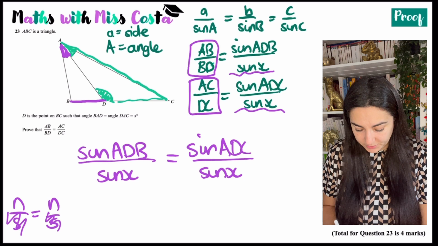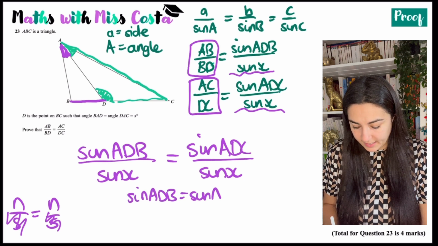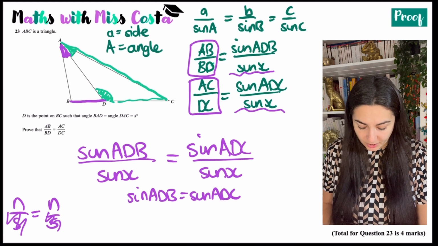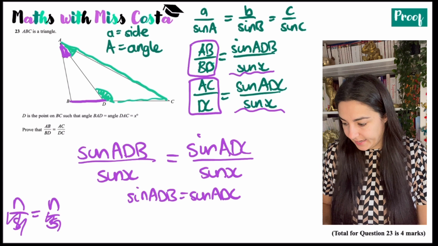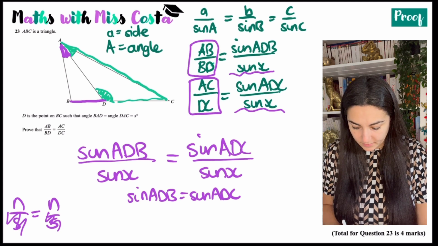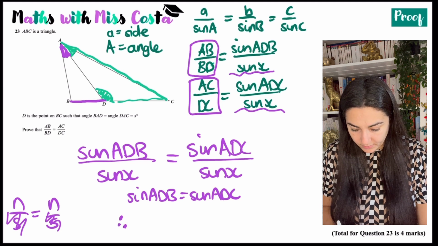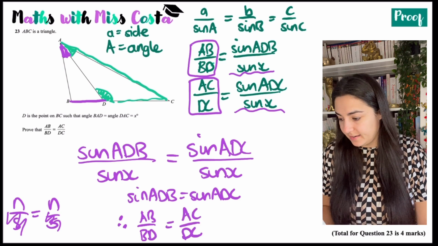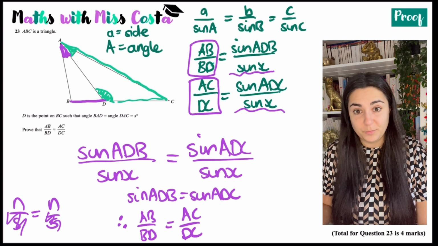So by the same logic, sine ADB must equal sine ADC. So if that's the case, therefore AB over BD must equal AC over DC. And that's how you prove that.